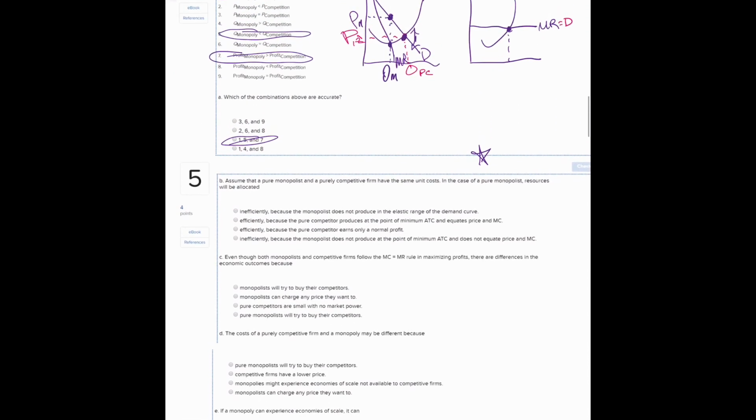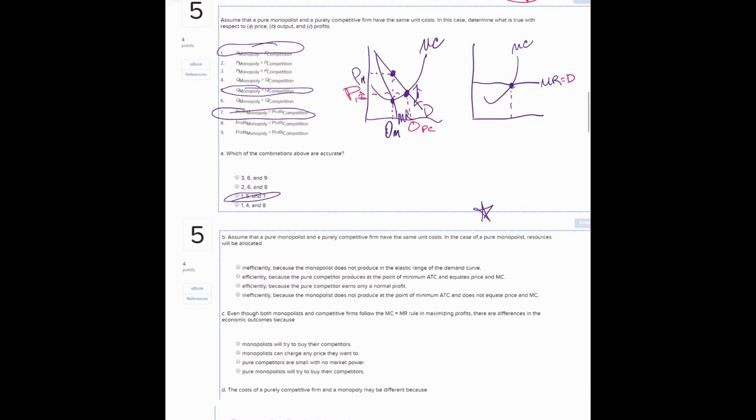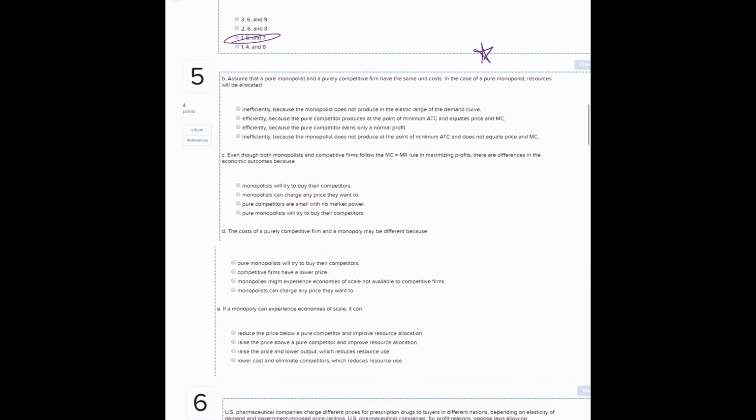If you remember what we just saw before, the socially optimal or perfect competitor's output is going to be efficient. Let's assume that this is production at lowest average total cost. So in this case, we would have efficiency. So the monopolist, by definition, is going to be an inefficient producer. The outcome is going to be inefficient.